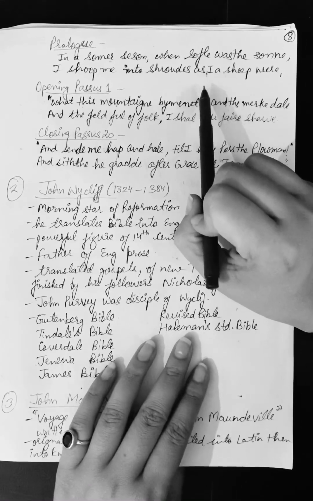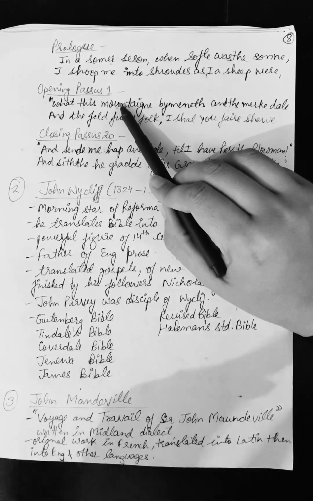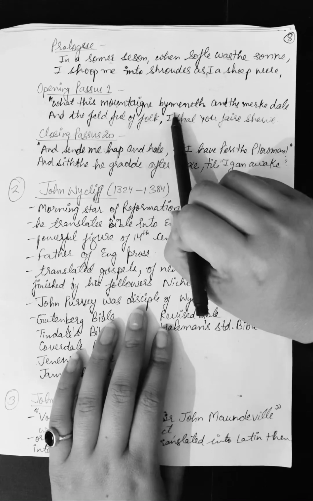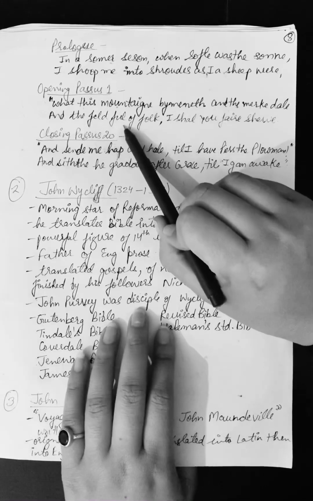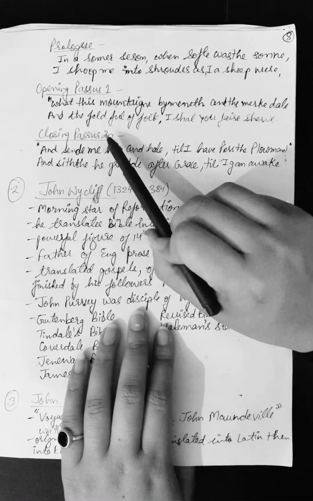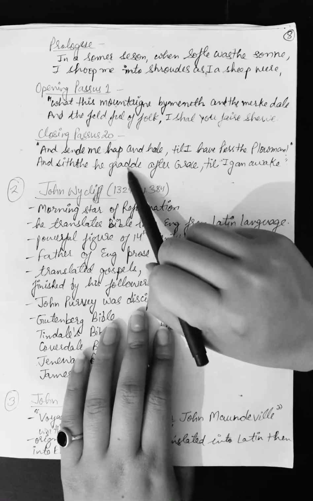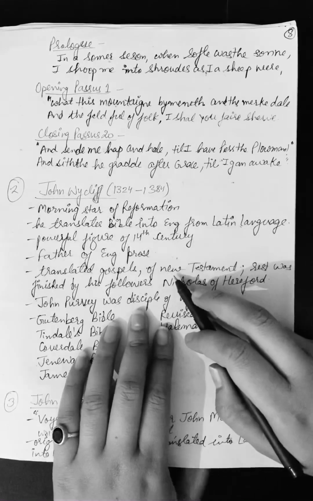These are the opening lines of the prologue, and the opening lines of passus 1 of Piers the Ploughman: What this mountain betokens, and the dark dale, and the field full of folk, I shall you fair show. Closing passus 20: the closing lines are: And sent me hap and health until I have Piers the Ploughman, sit the grace after grace until I again away.